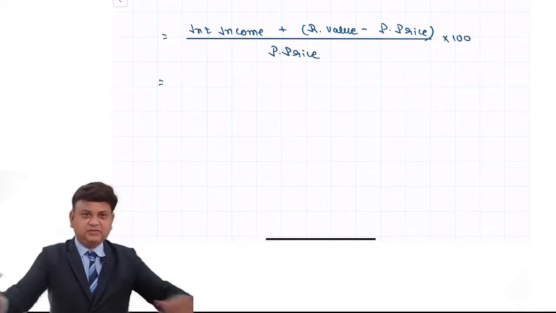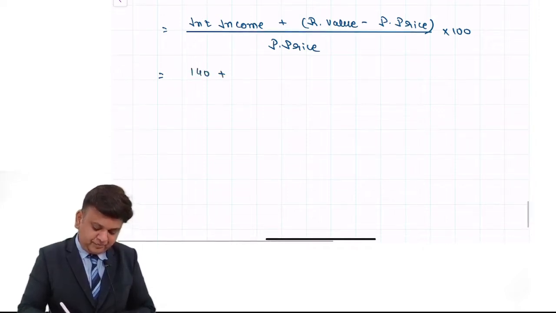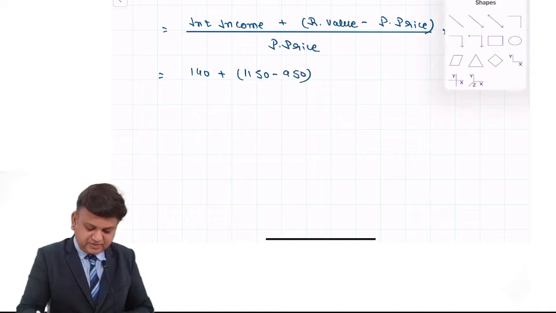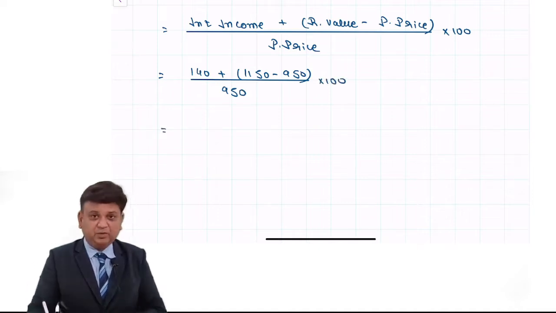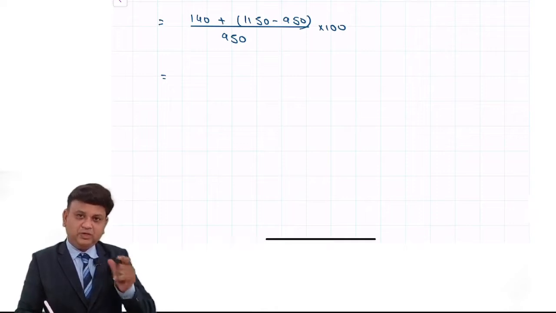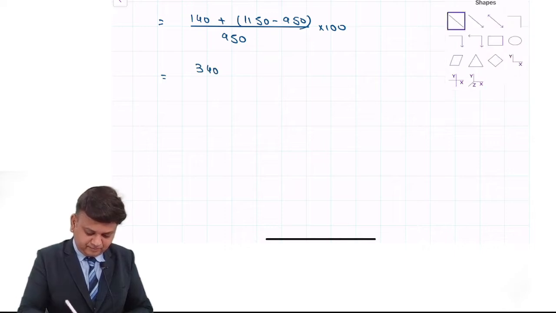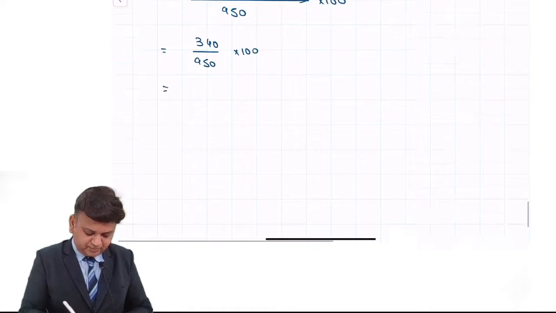The interest income is 140. Redemption value is rupees 1150. Purchase price is 950. Whole divided by 950 into 100. So it is 200 plus 140, that comes to 340, divided by 950 into 100, that comes to 35.79%.